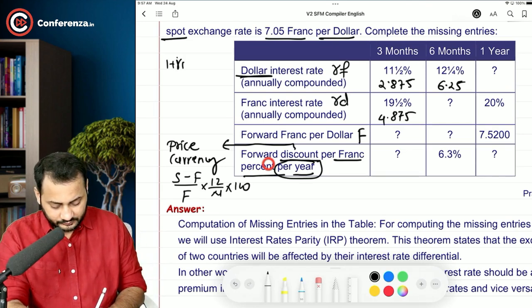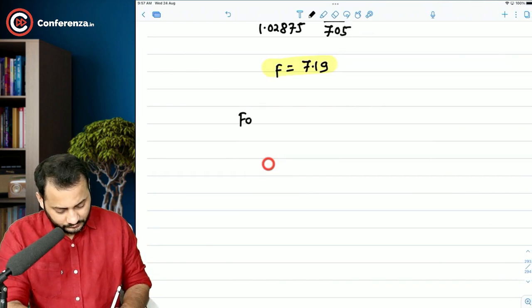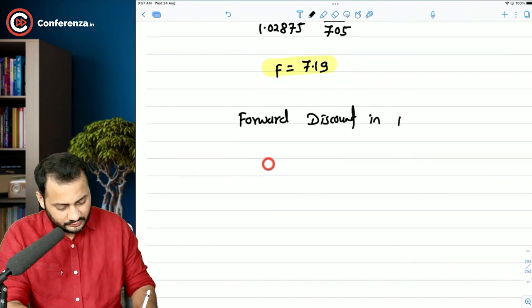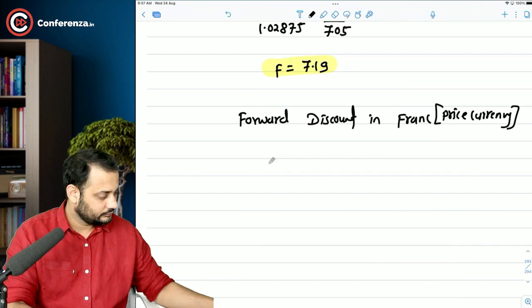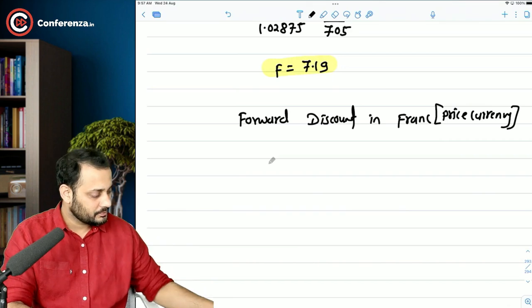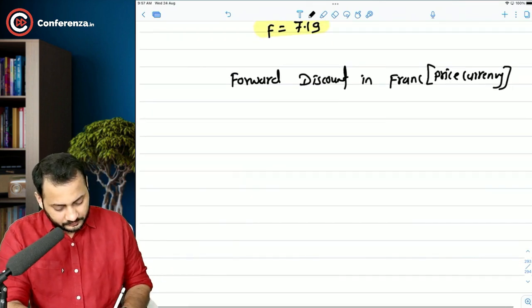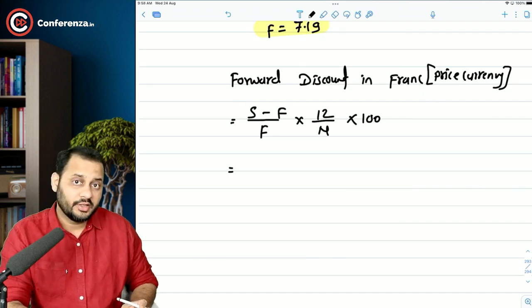One is the interest rate parity theory, and the other is this one: forward discount in franc, price currency, is S minus F divided by F into 12 by N into 100, because we have to calculate it for the entire year.